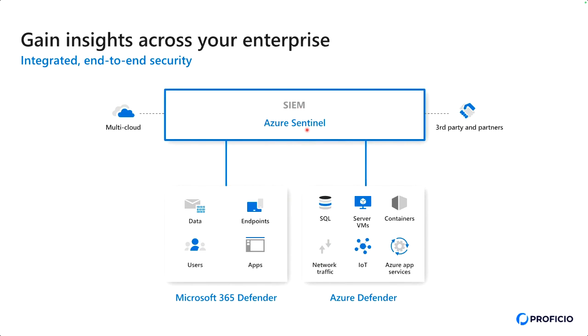So Sentinel is bringing those signals together and enriching them with its own AI, its own analytic rules, use cases, and everything. It can also bring signals from different cloud sources, third-party solutions and services, and you will see everything under one umbrella, under one hood, let's say.